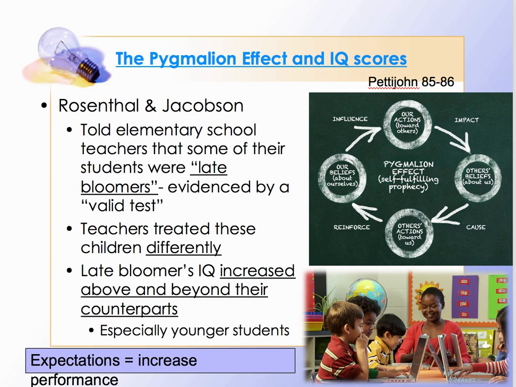So really all they did was randomly pick kids out of these elementary school classrooms and assign them as late bloomers or not late bloomers. This was completely random. All children were given an IQ test in the beginning.